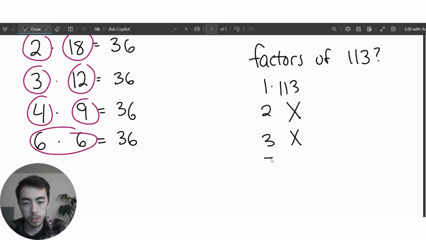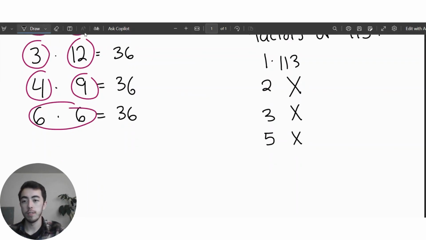The next number that we should check is 5. And I'll do that idea from earlier, where if it ends in a 0 or a 5, it's divisible by 5. It ends in a 3, so not really. So 5 doesn't work. After 5, we have 6, though knowing that 2 isn't a factor and 3 isn't a factor, that's enough to tell me that 6 won't work either.